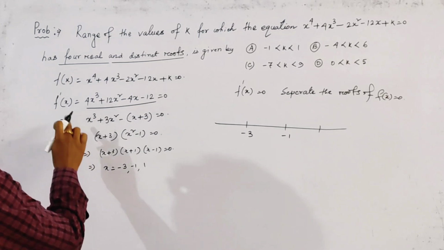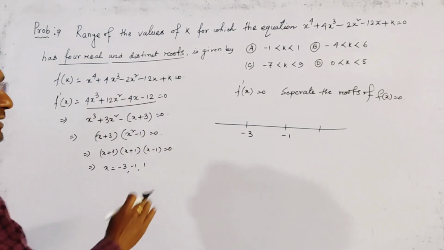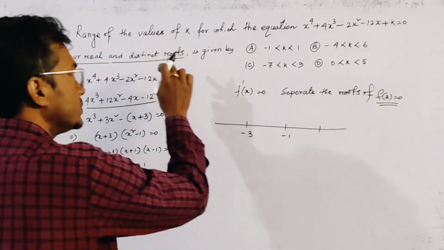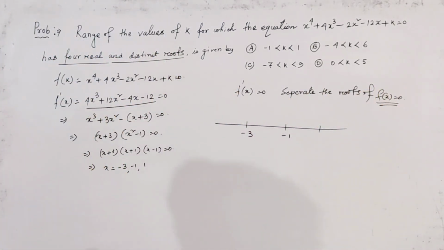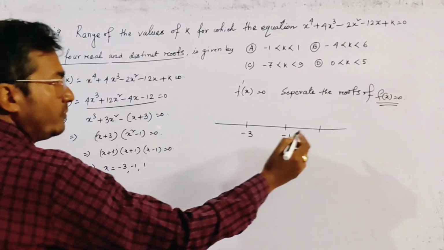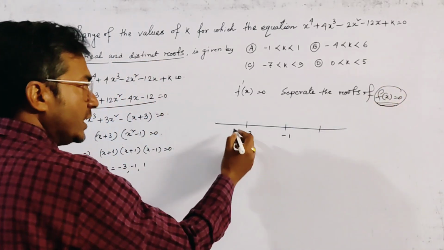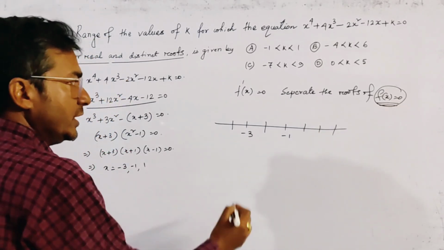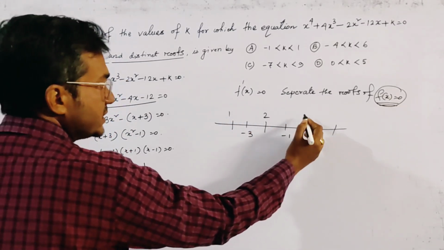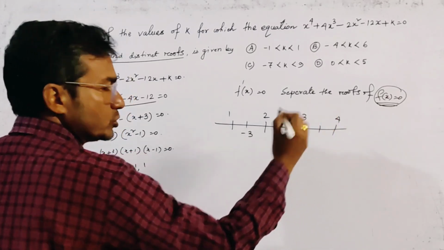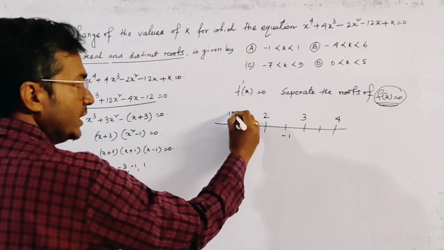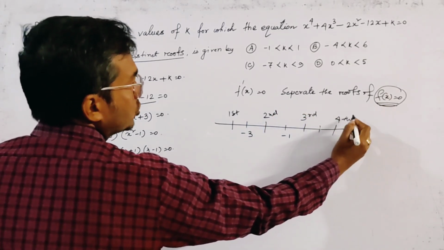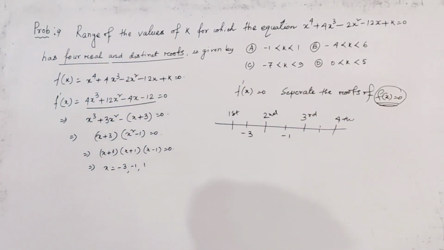These 3 are the roots of f'(x) = 0, and since they separate the roots of f(x) and it has 4 unequal real roots, the 4 roots of f(x) = 0 must be like this: one in each interval. This is the first, second, third and fourth root of f(x) = 0.